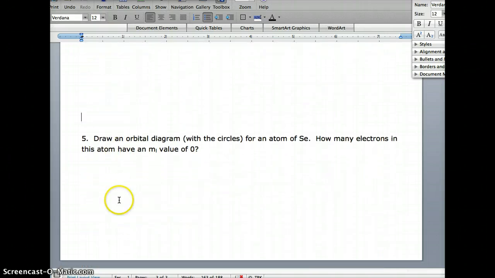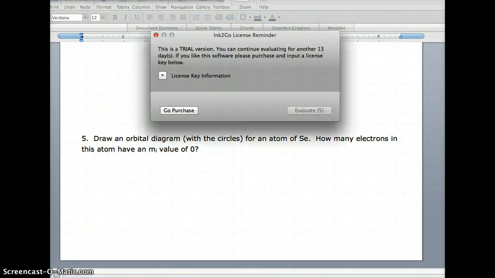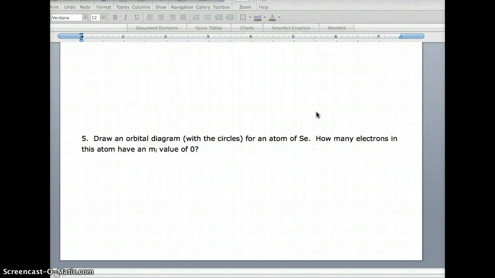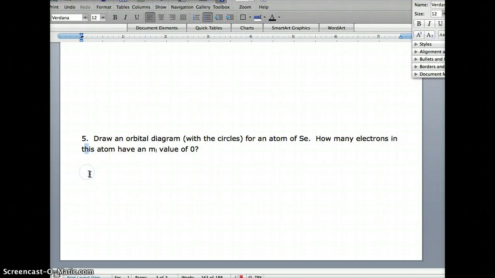And then number 5, let's get our ink open again. Okay, so we've got an orbital diagram for selenium. And selenium has 34 electrons.